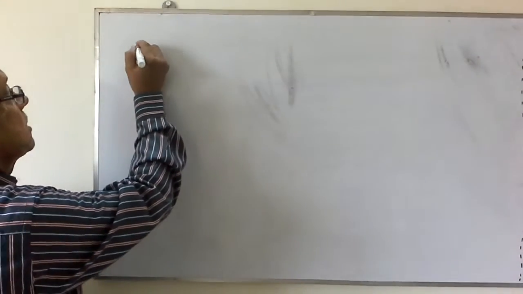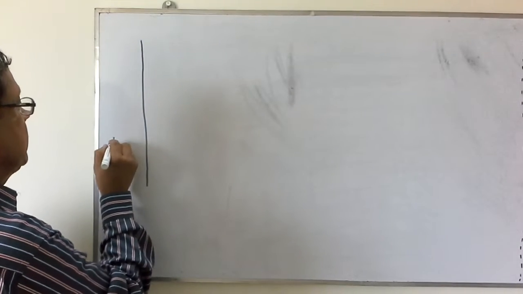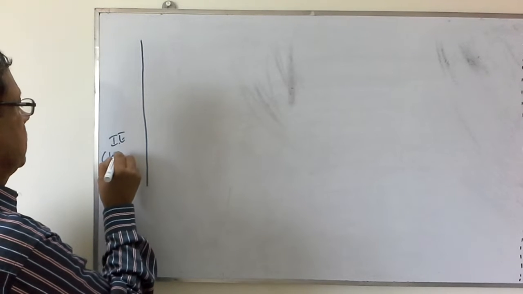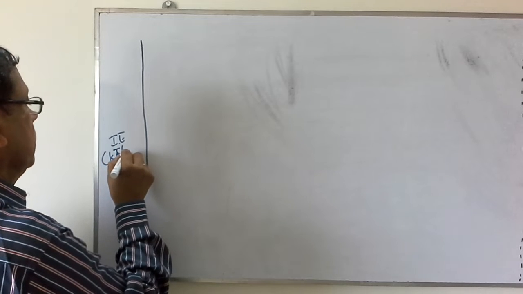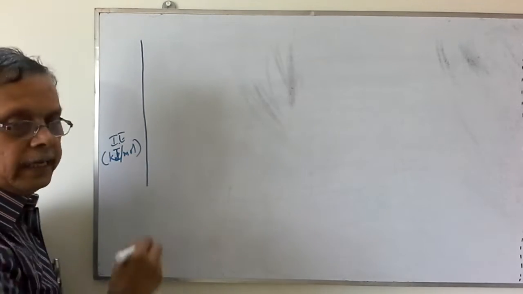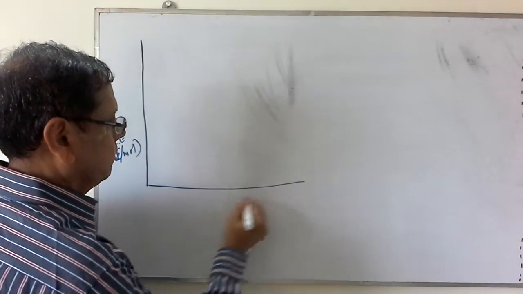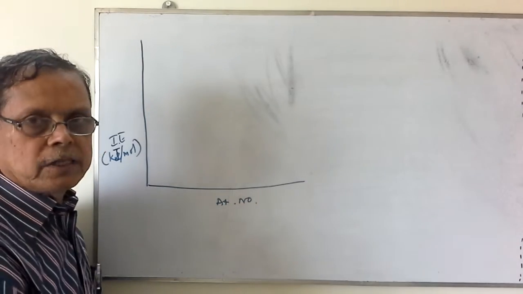So let us consider this y-axis as ionization energy, which is measured in terms of kilojoules per mole. For 1 mole we will consider the ionization energy, and this is atomic number. As atomic number increases, we move across the period.